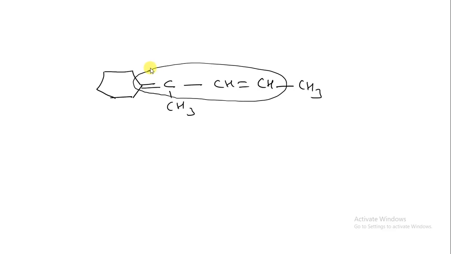So this is our 1,3-butadiene system, and this system is attached with the ring. Now suppose I cut down over here and I cut down over here. So there are two carbon atoms present over here, 1 and 2. So I have to write down over here CH3 single bond, CH double bond, CH, CH3.